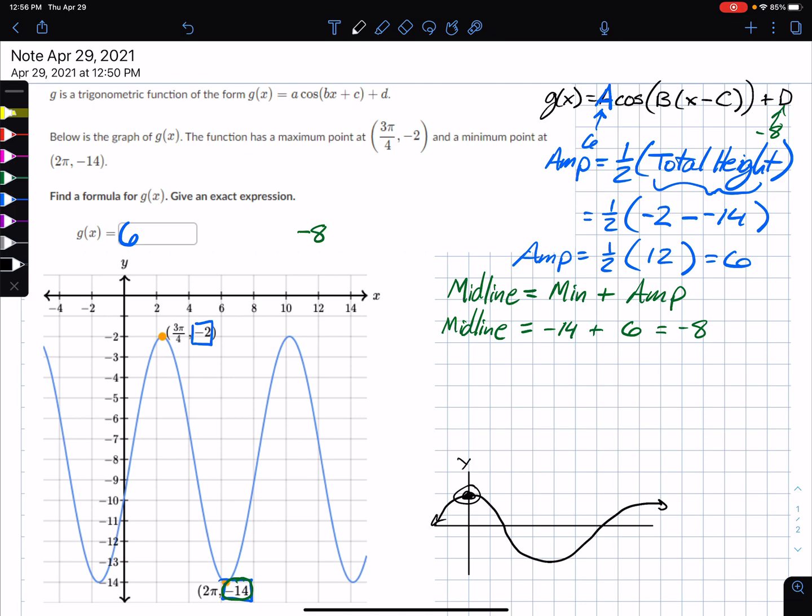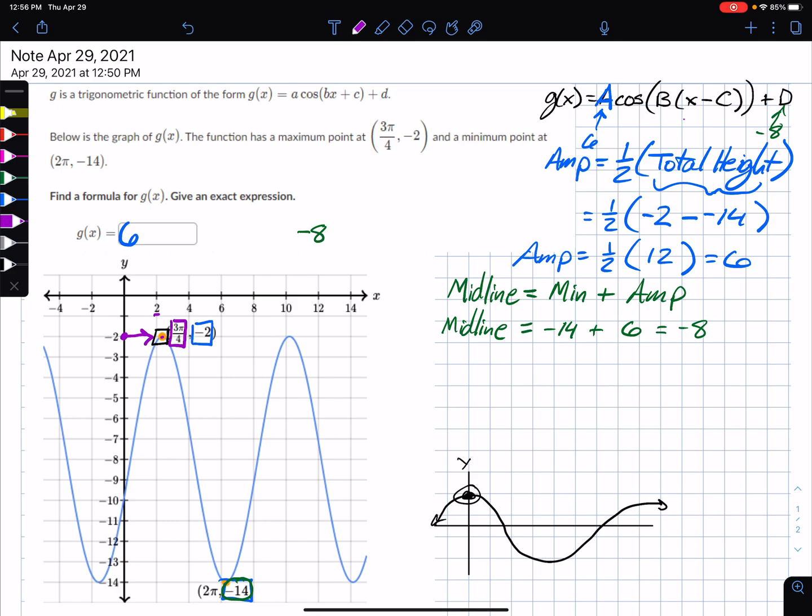Now I see a point just like that here, only it has been shifted to the right not 2 units, but 3π/4 units. Got to be careful there because that dot looks real close to 2 here, but it's 3π/4 to the right. So normally cosine would start right here. This one is starting to the right.